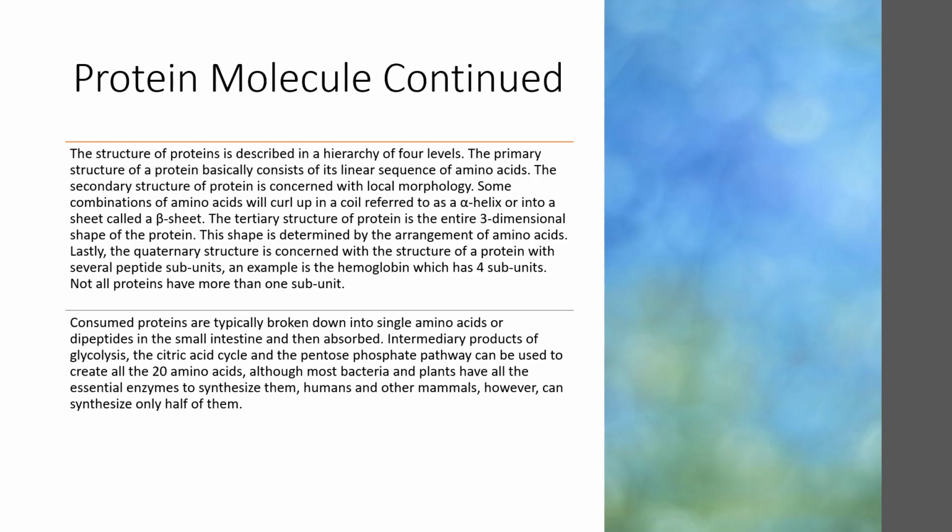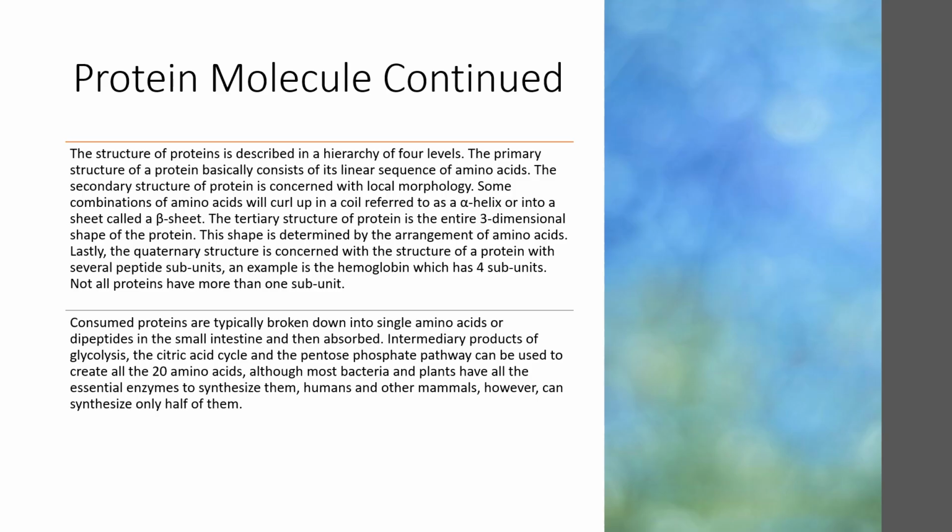Consumed proteins are typically broken down into single amino acids or dipeptides in the small intestine and then absorbed. Intermediary products of glycolysis, the citric acid cycle, and the pentose phosphate pathway can be used to create all 20 amino acids, and most bacteria and plants have all the essential enzymes to synthesize them.